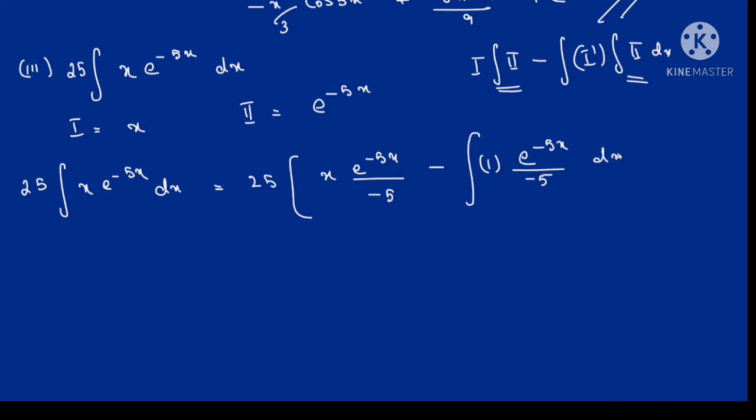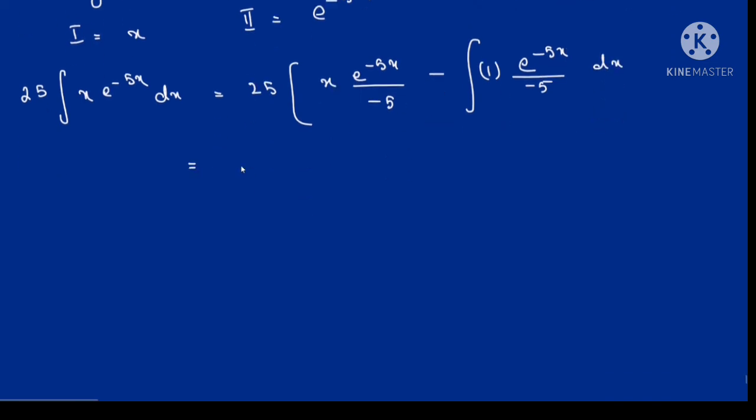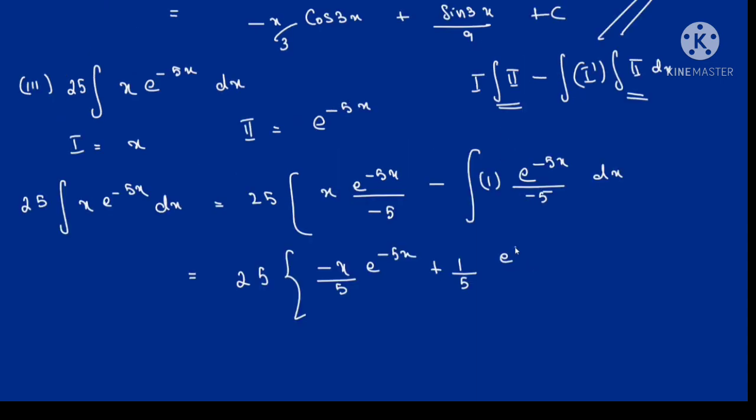Now into dx. So that is equal to 25 completely outside, minus x by 5 e power minus 5x, minus into minus plus 1 by 5. Integrate again, e power minus 5x by minus 5. Okay, this minus 5 is already there.